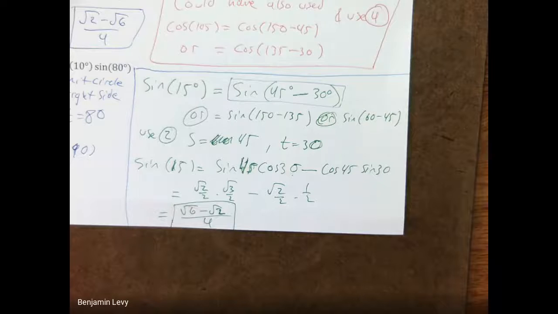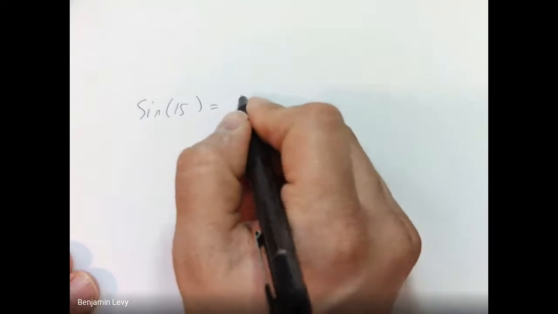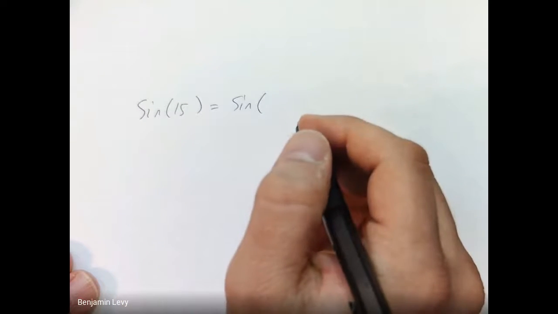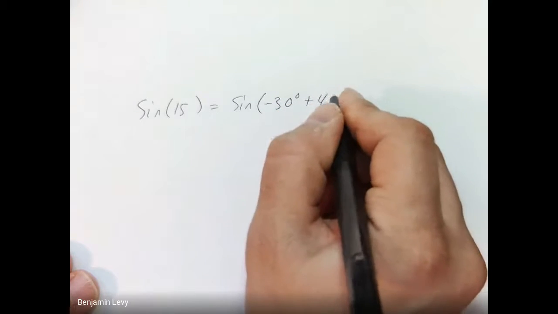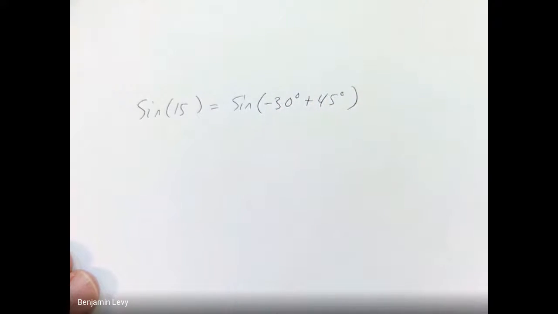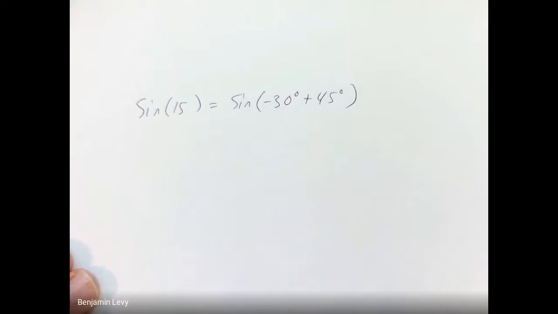So, I guess technically, can anyone think? I just maybe thought of one. You could do like this. Maybe you could do sine of 15 degrees equals sine of minus 30 degrees plus 45. So that would be one, because those are both places we would know. That would be one way to use the addition formula on this, if you really wanted to make that happen.